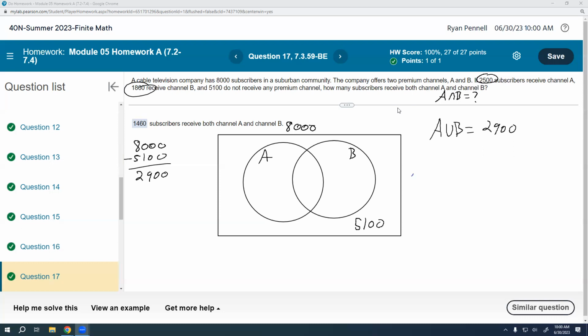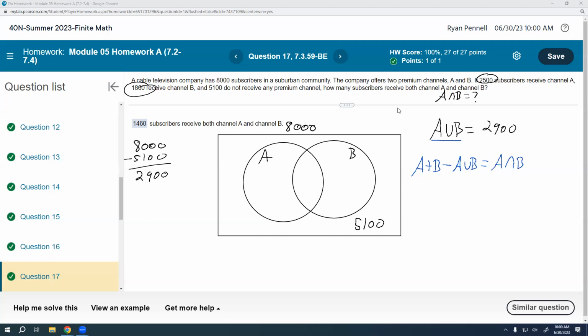But I think if we added A and B together and we subtracted their union, because we don't want to overcount, then what we would find is their intersection. Let me say that again. If I added A and B together, I know I would overcount.